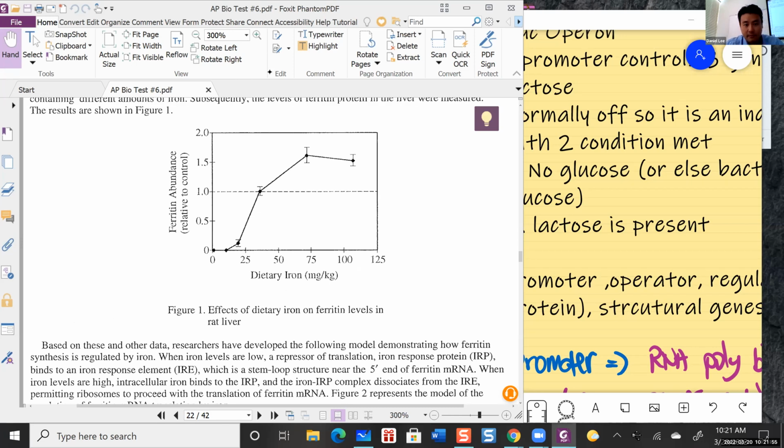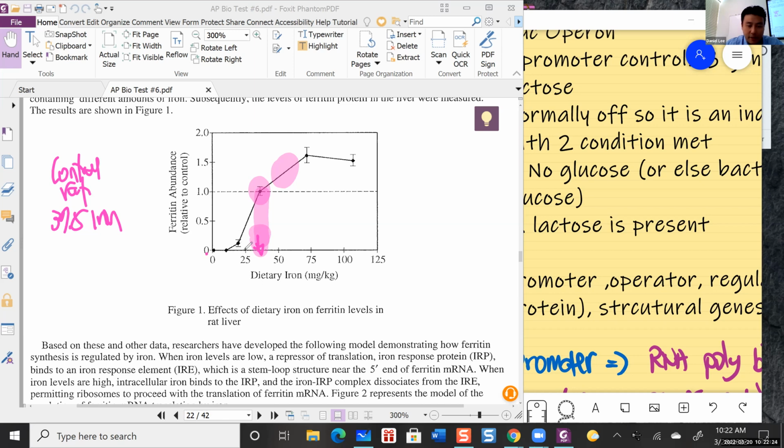So to me, high iron, high ferritin, right? So that's what they're saying. So when iron concentration is higher than 37.5, then the rat is producing more ferritin compared to the control. Okay? Control is given, so that means the control rat is given 37.5 iron.